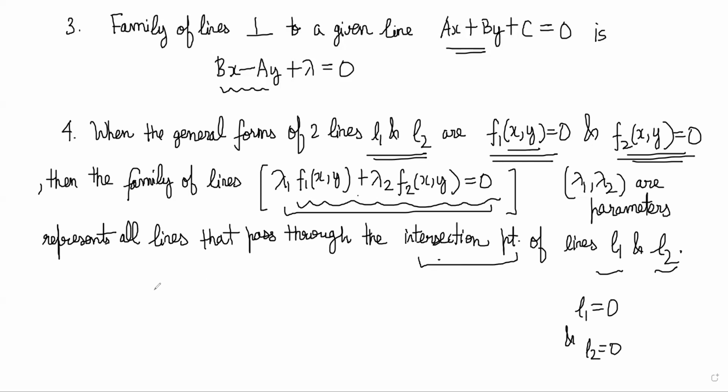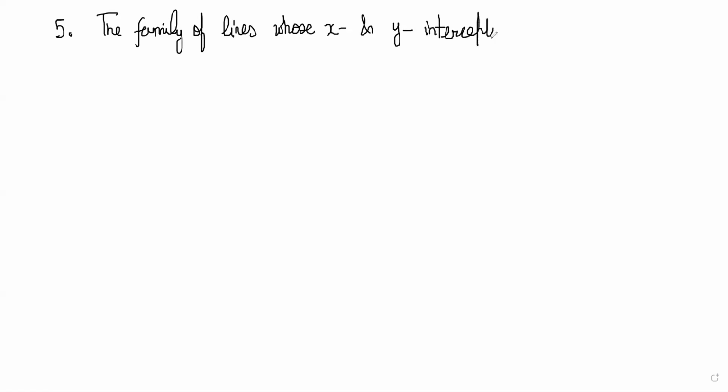The fifth type that we will see is family of lines whose x and y intercepts sum up to A. So the sum of the x and y intercepts of a line is A, and what is the equation of all the lines that satisfy this property?